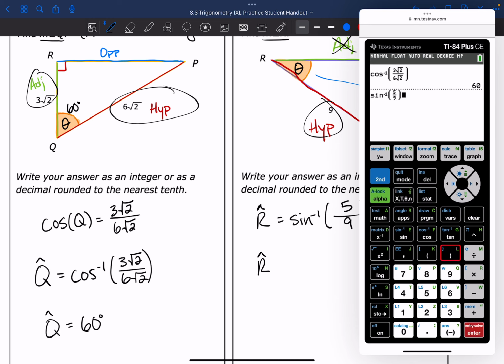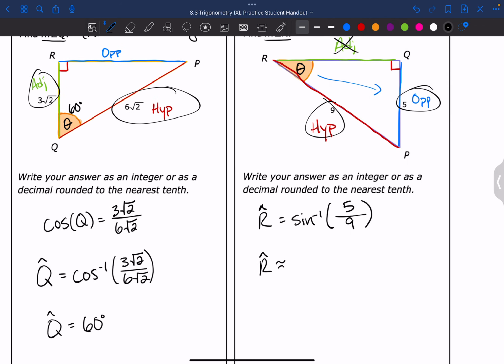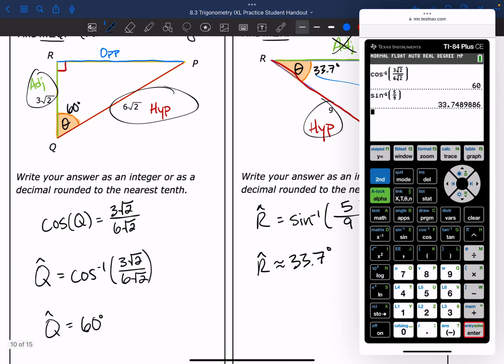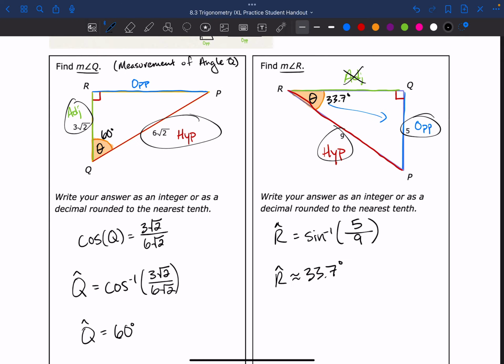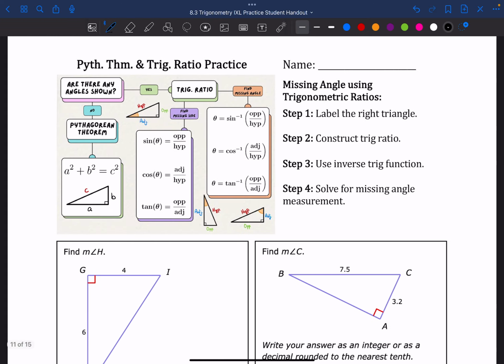Close that parenthesis, press enter, and it's approximately 33.7 degrees. So this angle is 33.7 degrees. I'm pretty sure that was correct. Yes. There we go. That's another example. Let's take a look at the other two.